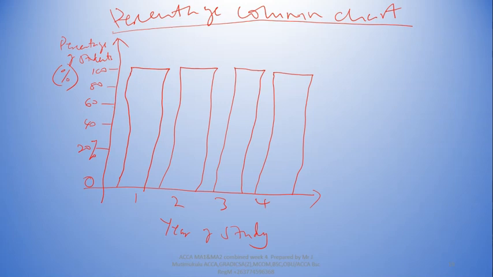So in terms of height of the columns, just the same, or the length of the bars, in a percentage component column chart or percentage component bar chart.